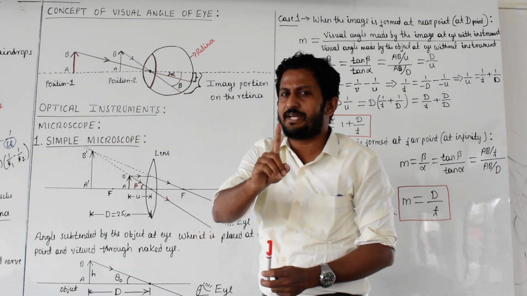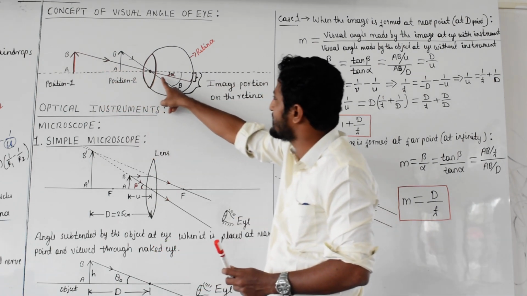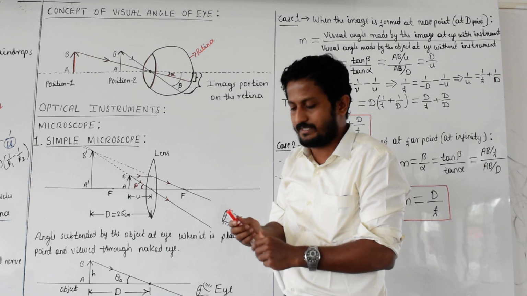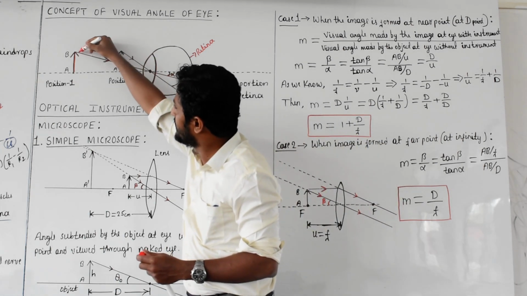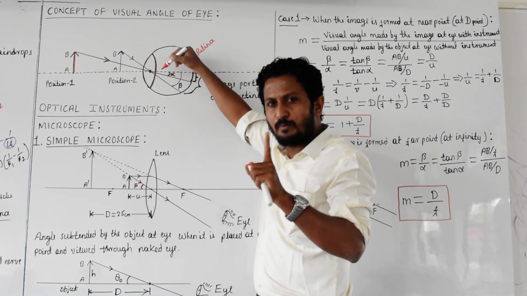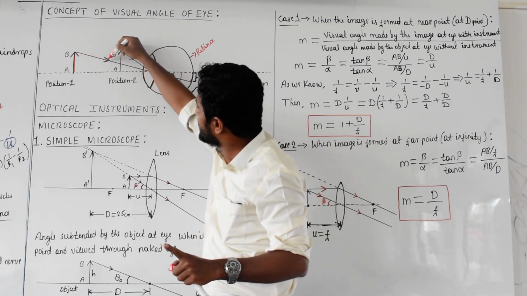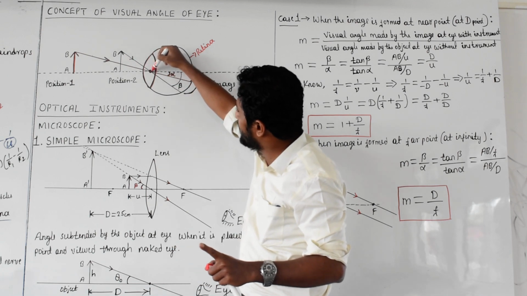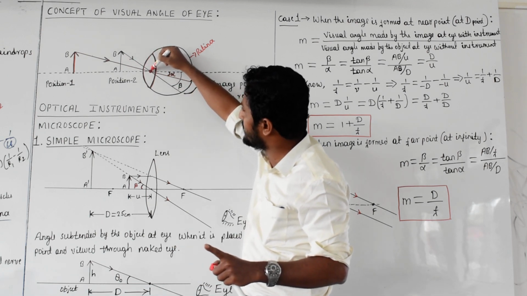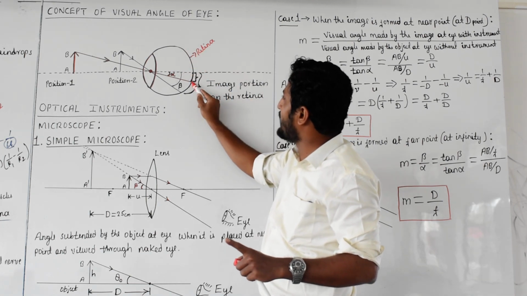I am taking one light ray which passes through the optical center of our eye lens. This light from the object at position 1 passes through the optical center and gets met here.